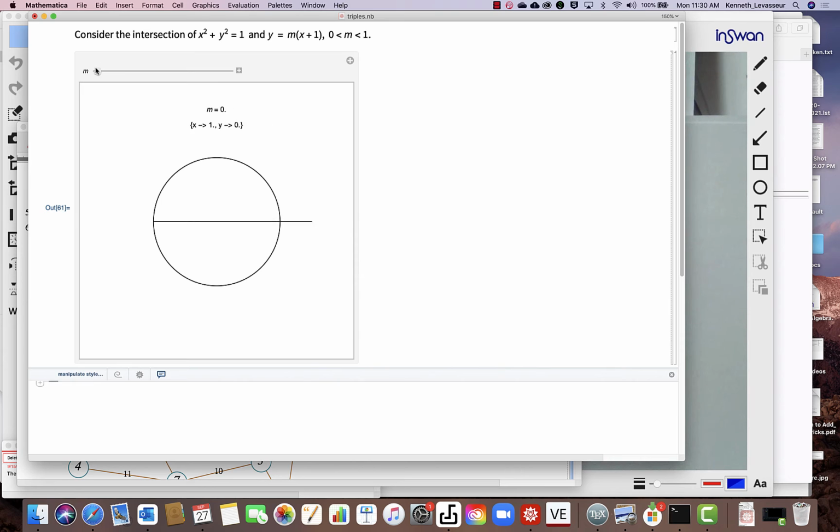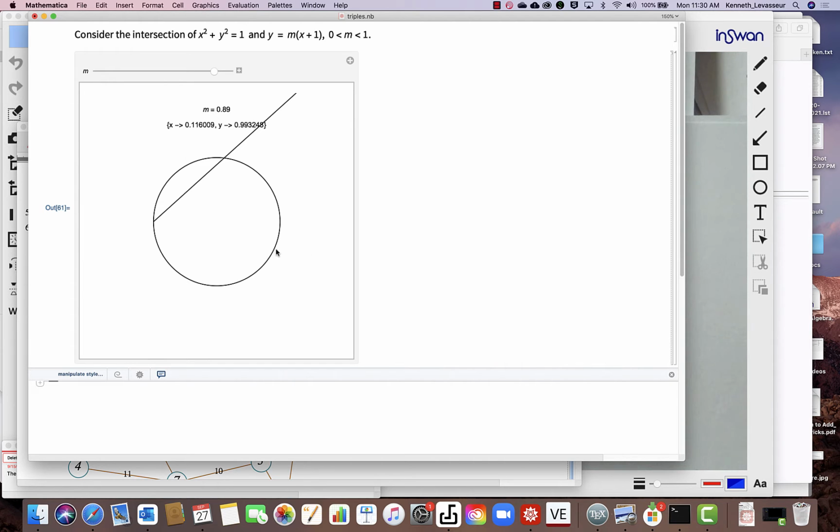We go as far as almost 0, down at 1, 0, and up to 1 takes us to 0, 1. But we want to consider numbers strictly between 0 and 1. So let's take a look at this intersection point as a function of m.